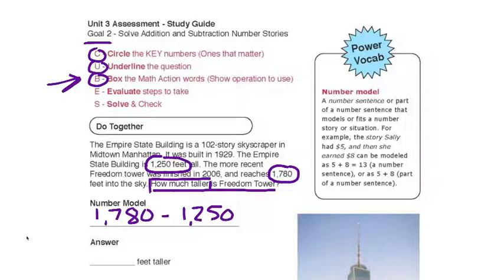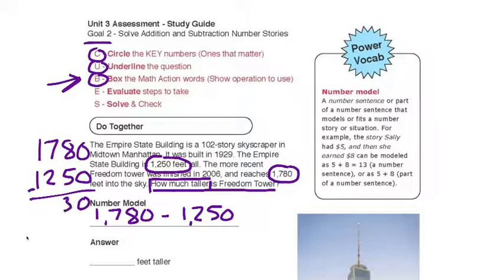Let me set that problem over here. And let's solve it. The difference between the two towers is 530 feet. Now, last part was check.